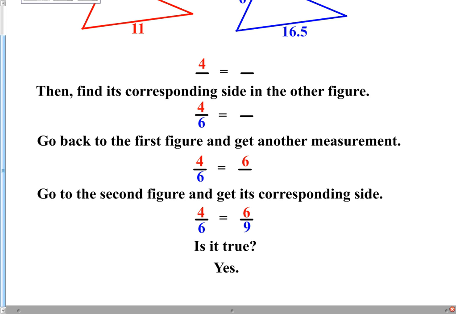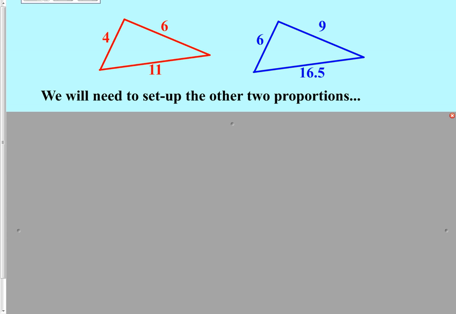There are still 2 other side lengths to consider. Like I said, it takes just as many proportions as there are side lengths in the figure. The figure has 3 side lengths, so we've got 2 other proportions out there. But here's where the method comes into play.